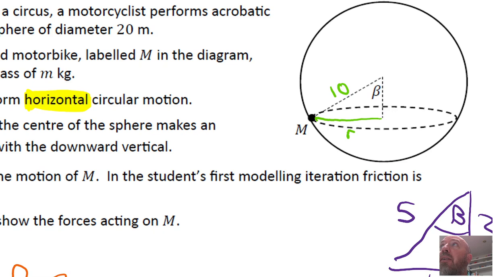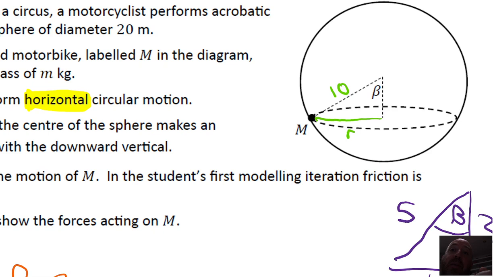So we can get little r, and this is what we have to do for all of these things where we have a string of length r or a circular motion in a cone or something. We have to make sure we're getting the right r. The r we're getting is not necessarily the r of the object in which the thing is moving, it's the size of the circle that's actually happening. And in that case, that r there is the radius of the circle that's happening, and sine beta is r over 10.